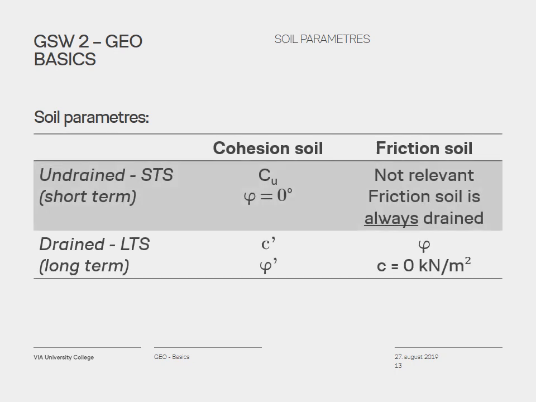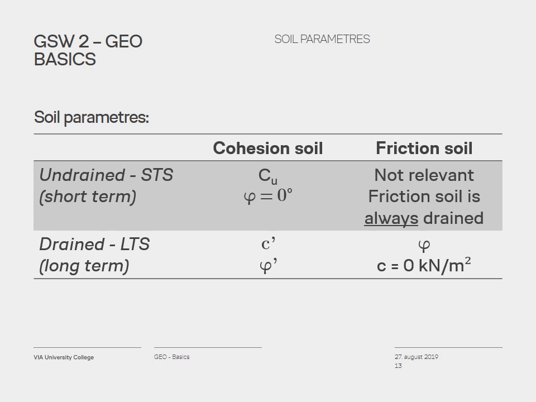So an overview of the terms used so far. We distinguish between cohesion and friction soils, and then also we have an undrained state, or the short-term state, versus the drained or the long-term state. If we take the short-term, the undrained, first, for cohesion soils you use the undrained shear strength Cu.